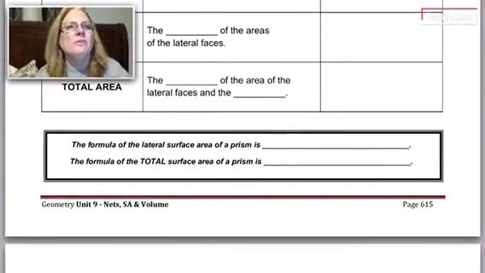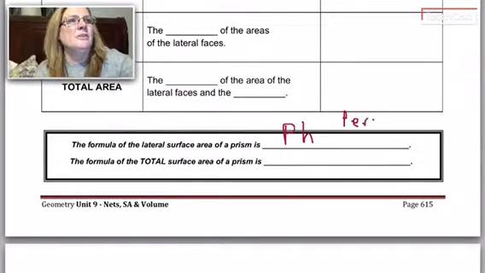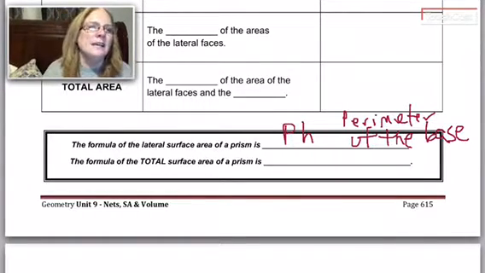Okay, so the formula for the lateral surface area is PH, where P stands for the perimeter of the base. So that's why in the rectangular prism, it's very important to identify what you're calling the base, because it's the perimeter of the base, and then H stands for the height.